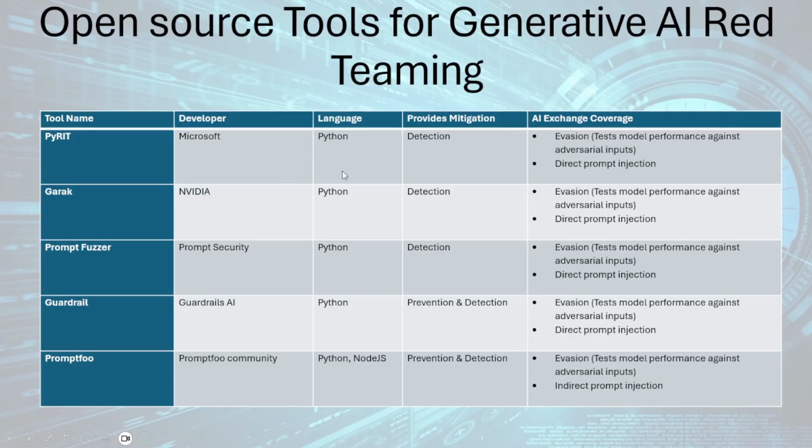The developers, all of these except the PromptFoo are Python, but also includes Node.js. The first three include mitigations for detection, but the Guardrails and PromptFoo provide prevention and detection capabilities. And as mentioned previously, the AI Exchange coverage column shows the types of threats that they test against.